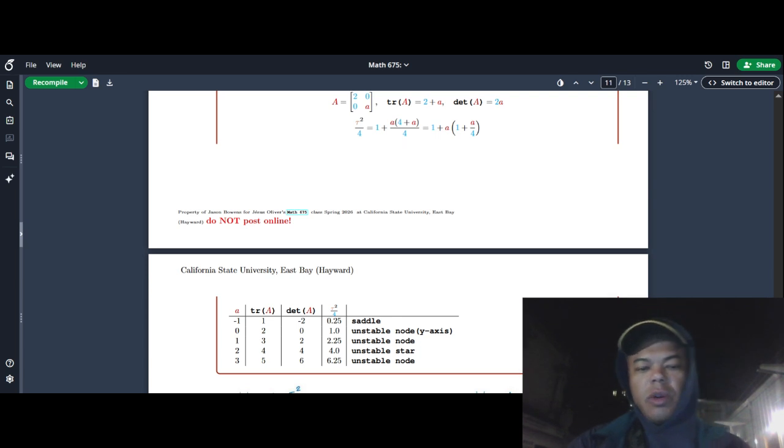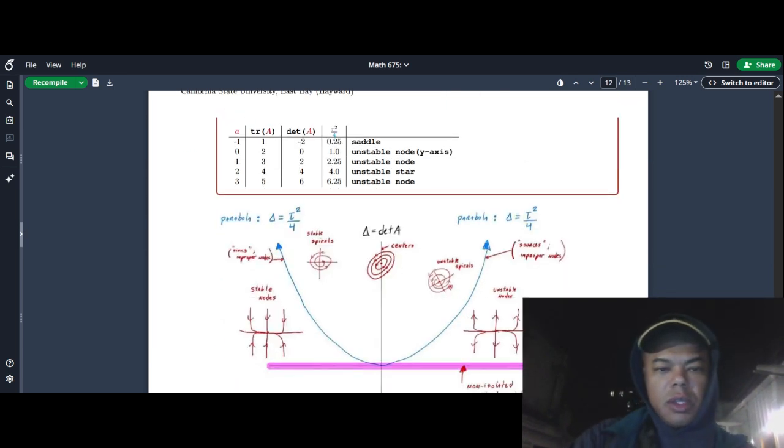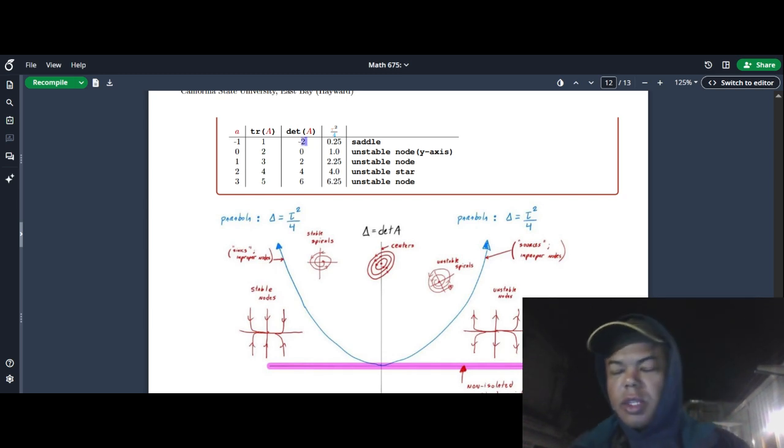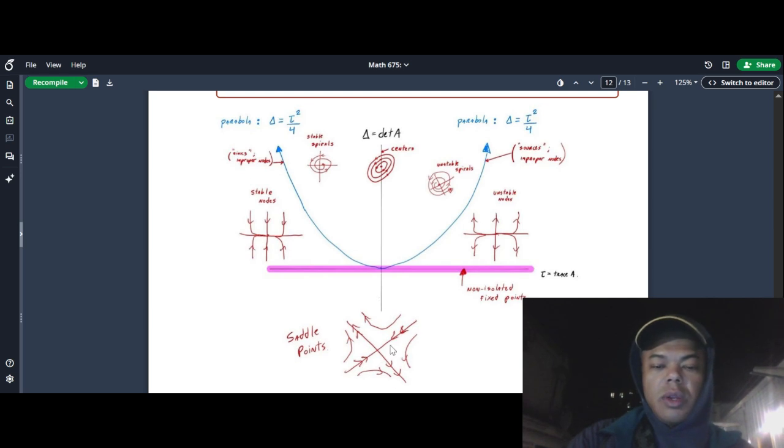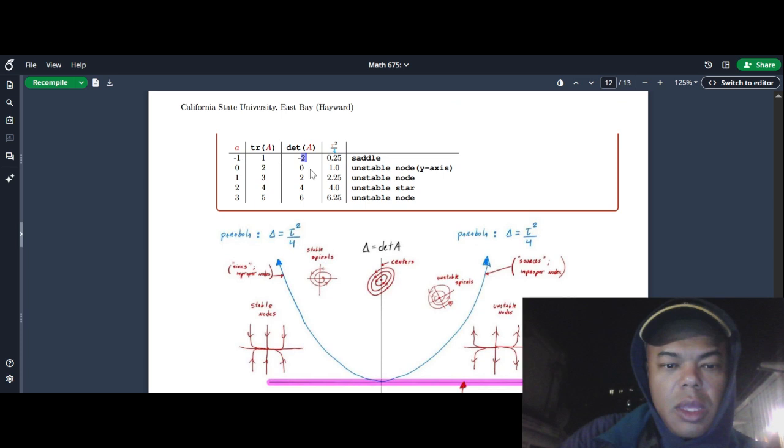So trace squared over 4 is a quarter. And we see in the trace-determinant plane that the determinant is always negative for values of a less than 0, so it is down here. I'm trying to keep this video under 7 minutes, so I'm going pretty fast.